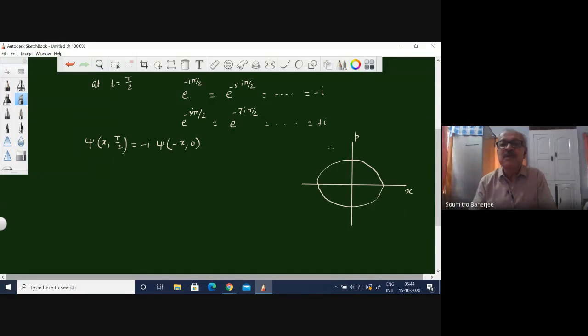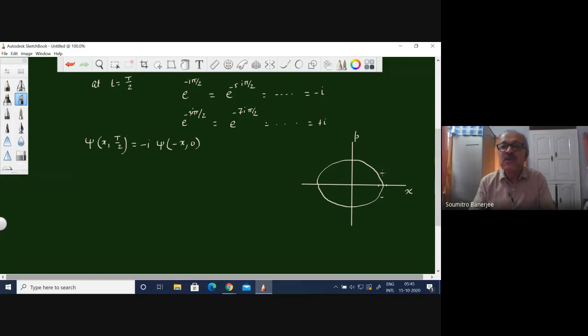So suppose you have started it with a very small uncertainty in x. So there will be large uncertainty in p. Now, if you plot an ellipse with the distance from the center as the uncertainty in x and p, then the uncertainty in x is small here, the uncertainty in p is large here.